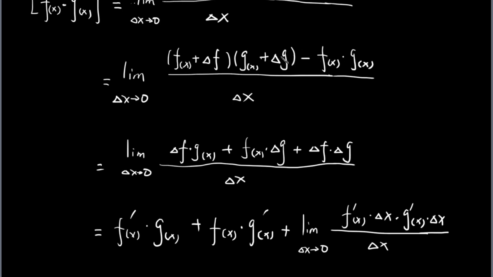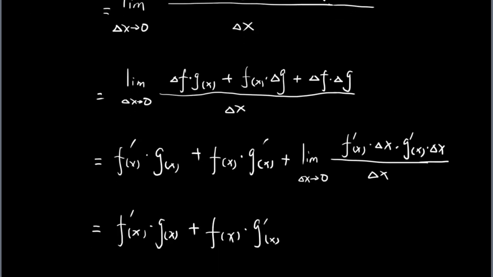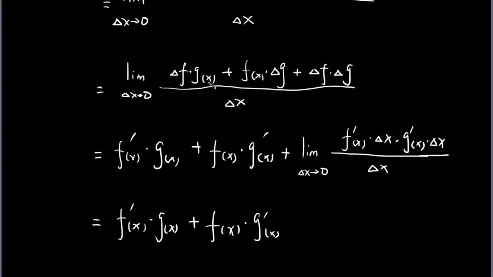Then we do the cancellation. Then we get this: delta f times g of x plus f of x times delta g plus delta f times delta g over delta x. As delta x approaches 0, the limit of this is this.